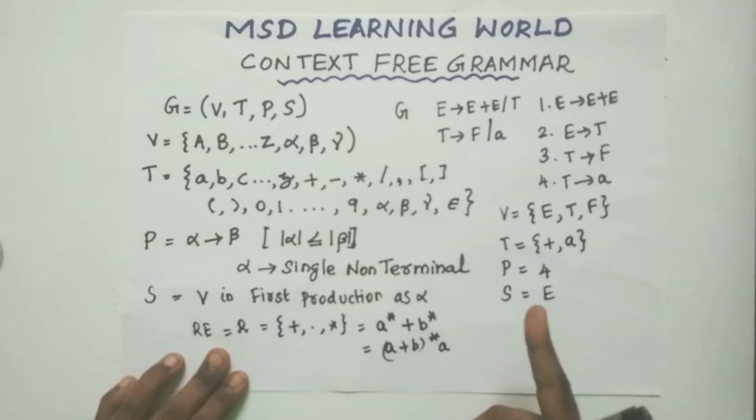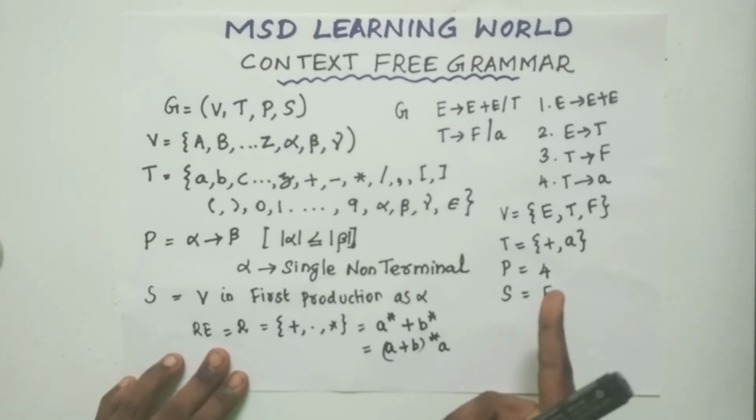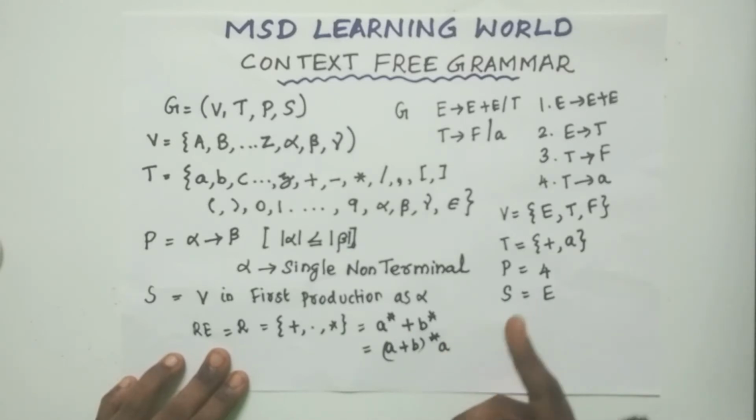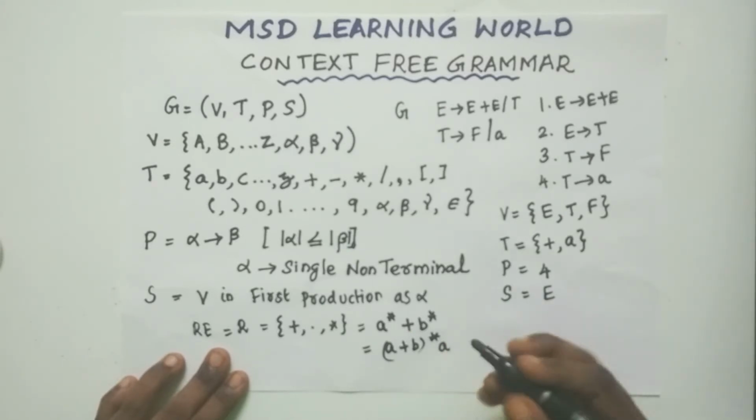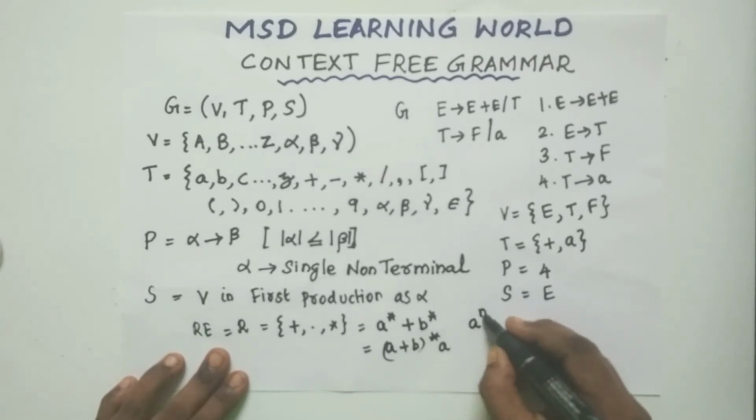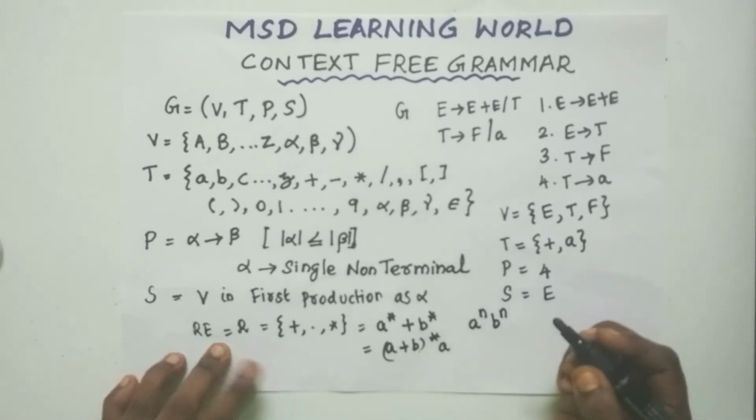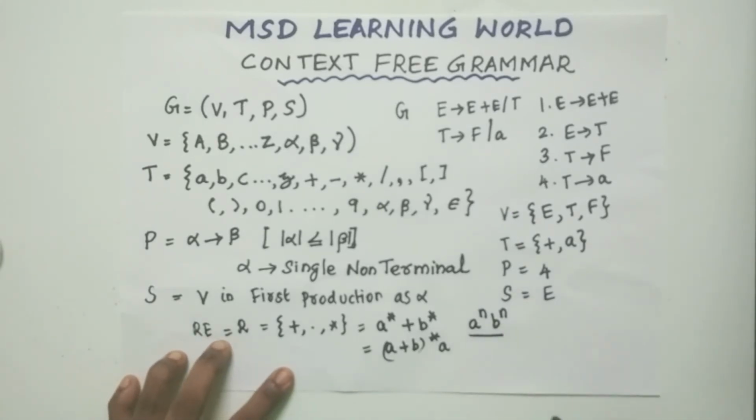If the number of characters of A and B is known only at runtime, then it is not possible to create the regular expression. For example, design a regular expression for the set of all strings A comma B satisfying the condition A power n, B power n. Assume this is a given condition where you should have equal number of A's and B's.